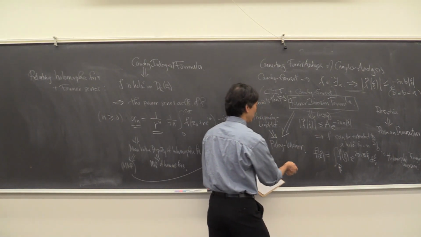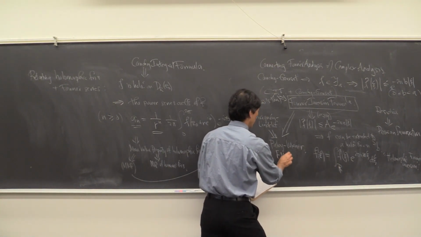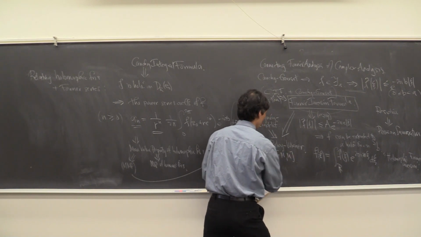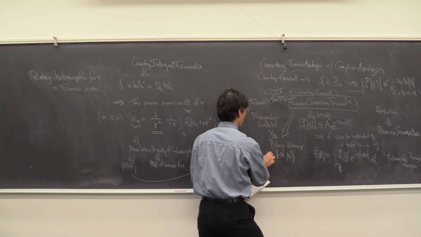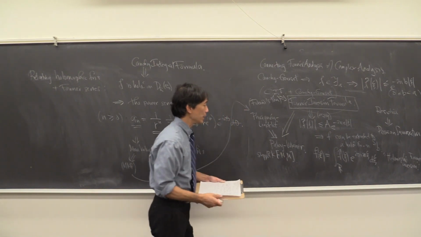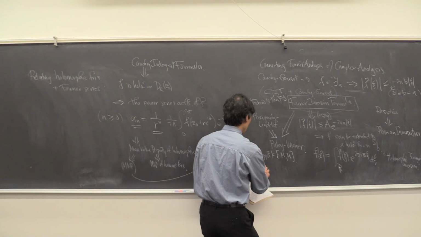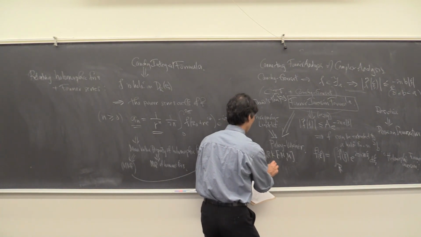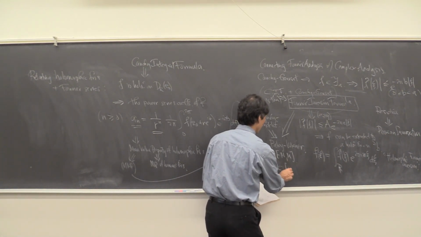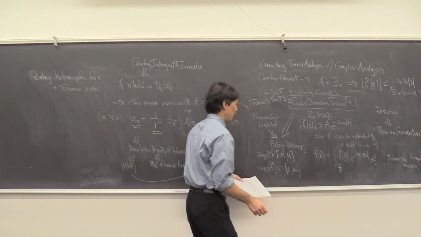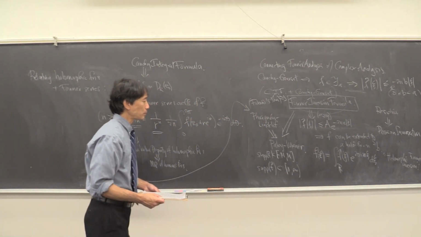And we had two versions of Paley-Wiener. There was one where the support of F was contained in some bounded interval, and another where the support of F was contained in zero to infinity.